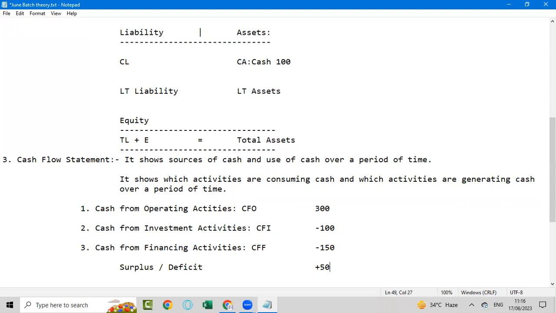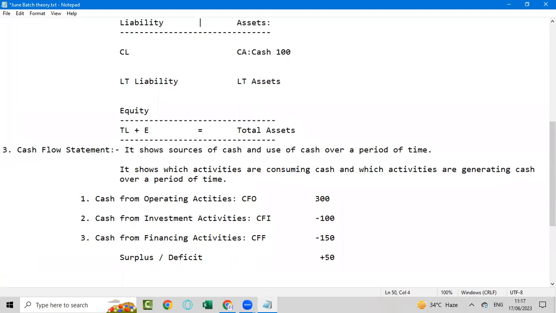So the company generated 300 rupees from the operating activities. From that cash, it invested 100 into investments and 150 has gone into financing. Maybe dividend payment, interest payment, debt repayment, share buyback. These are the activities which come under financing activity. So out of 300, we still have managed to generate 50 crore of cash in surplus. So this is the cash which we have generated during this period.